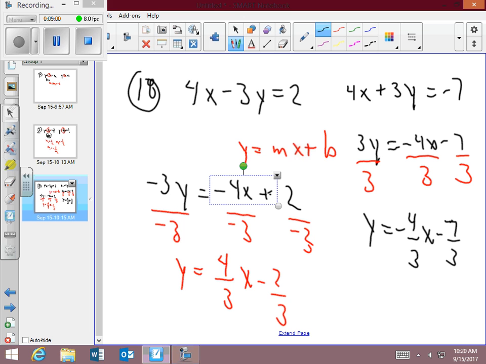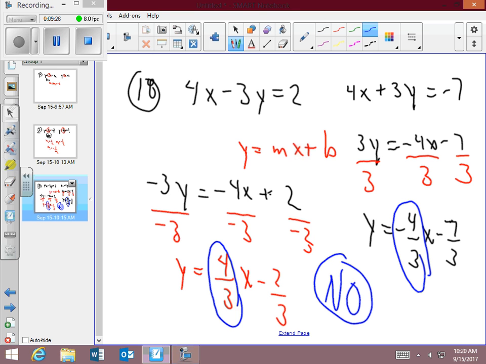So the value that is important in this one is negative 4/3. Now, we're looking at the question that says, are those two lines perpendicular? No. So the answer is no.